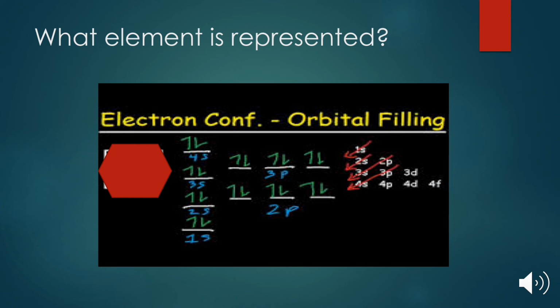Alright, so if you said that this element is calcium, then you are 100% correct. So right here it tells you that there's 20 electrons. So if you count them, 1, 2, 3, 4, 5, 6, 7, 8, 10, 11, 12, 13, 14, 15, 16, 17, 18, 19, 20. And then you'll know that that's going to be calcium.